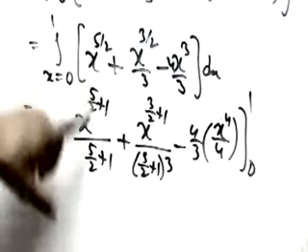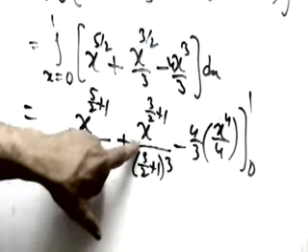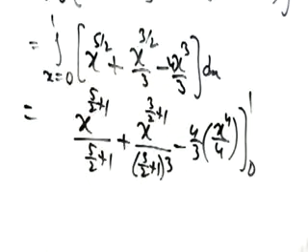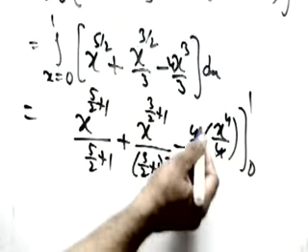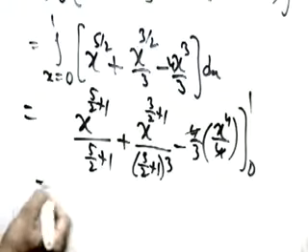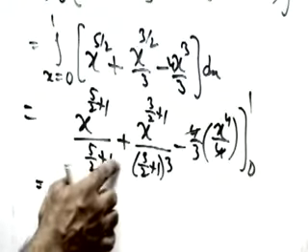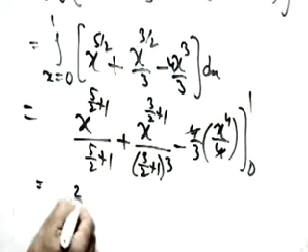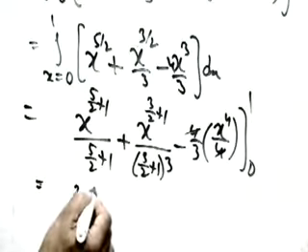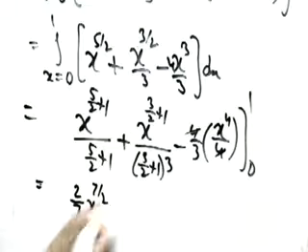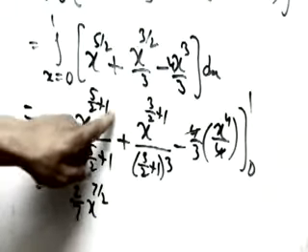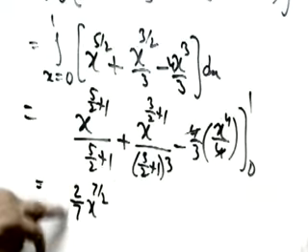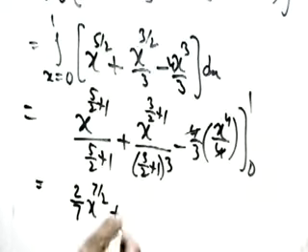Rewrite the rest as it is, minus 4 by 3, integration of x power n is x power n plus 1 by n plus 1, from 0 to 1. You see here we get cancellations, the 4s will get cancelled. Now what is left here? If we take the LCM, 2 ones are 2, 2 plus 5 is 7, so 7 by 2 in the denominator; if you bring that to the numerator it will be 2 by 7 x power 7 by 2.